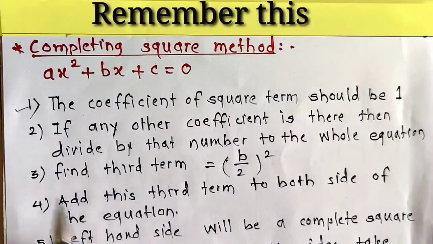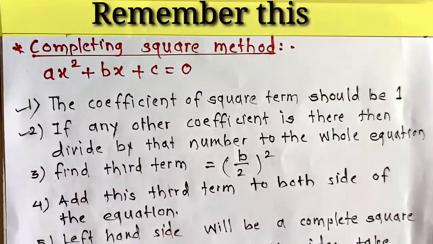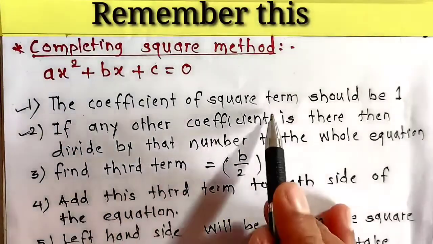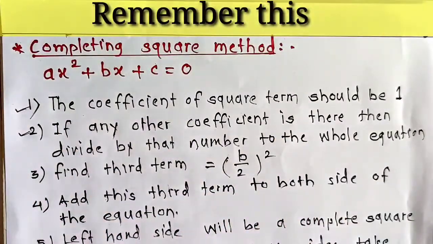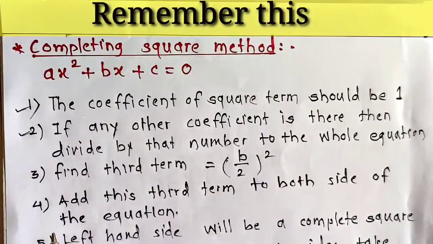So remember these steps, because using them we are going to solve practice set 2.3 using the completing the square method. First, the coefficient of the square term must be 1. If it is not 1, then convert it into 1 by dividing the whole equation by that number.